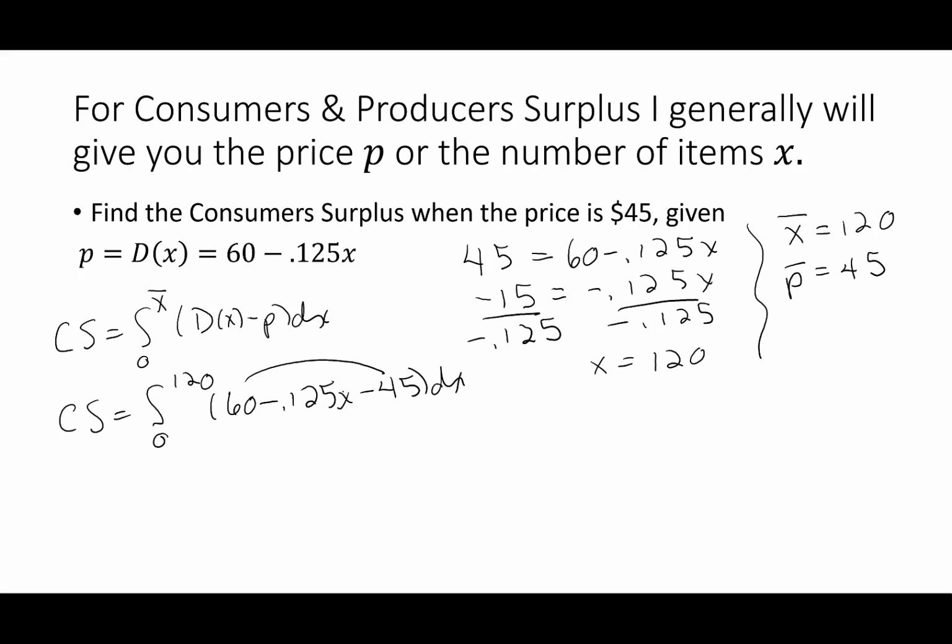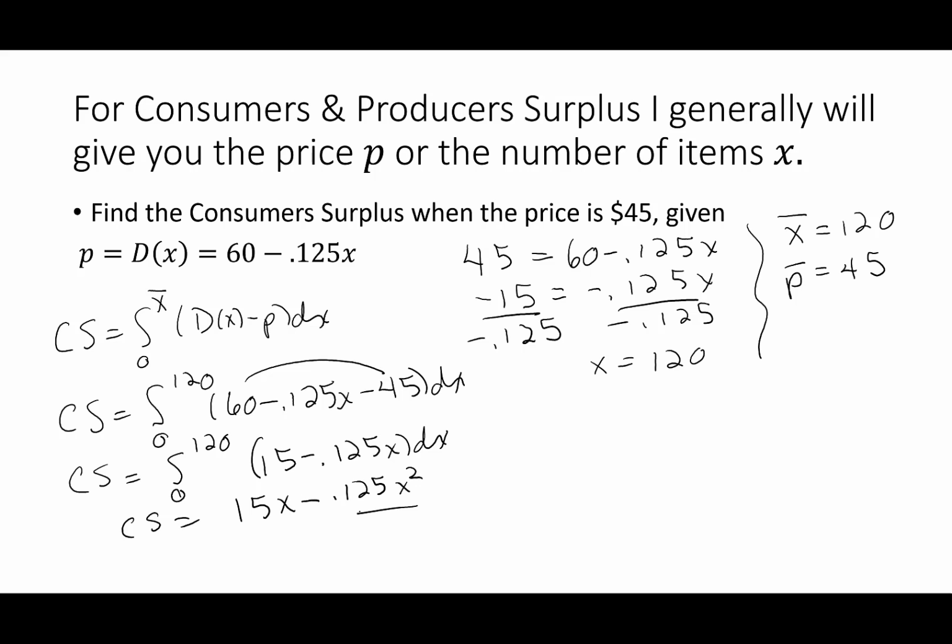I'm going to combine the 60 and the 45. So my consumer surplus is the integral from 0 to 120 of 15 minus 0.125x dx. When I integrate that, I get 15x minus 0.125x squared over 2, from 0 to 120.